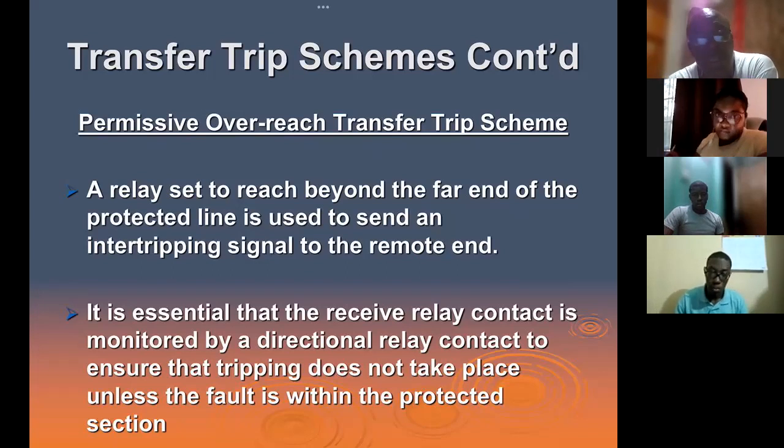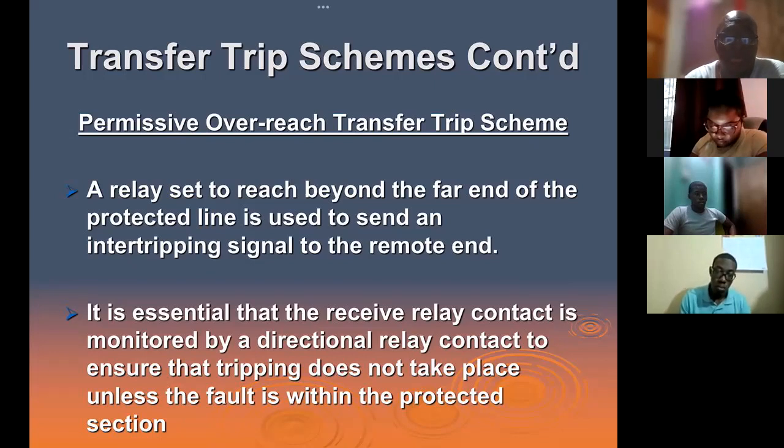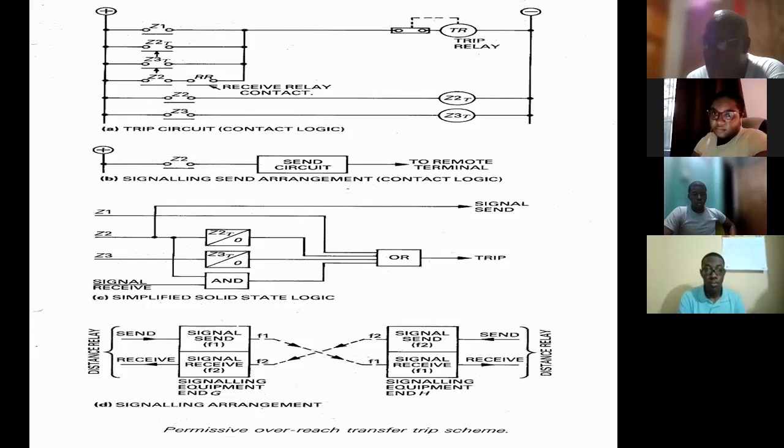So you would have had the operation in zone 1 at the zone 1 end, but the other end would have seen zone 2 and would have received the signal from the instantaneous zone 2.